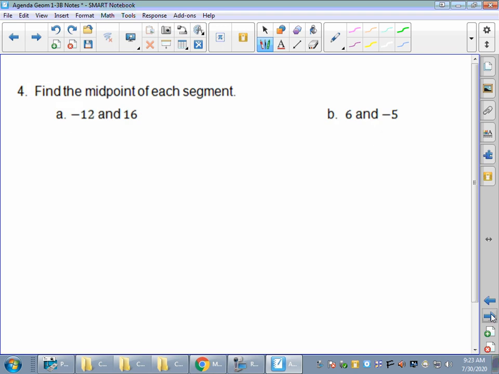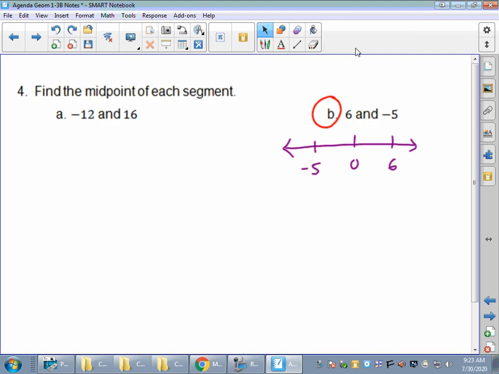How about over here, the midpoint for B of 6 and negative 5? If you need a diagram, feel free to draw a diagram. Here's 6, here's negative 5. 0 is somewhere in between them, not necessarily in the middle. Excuse me.